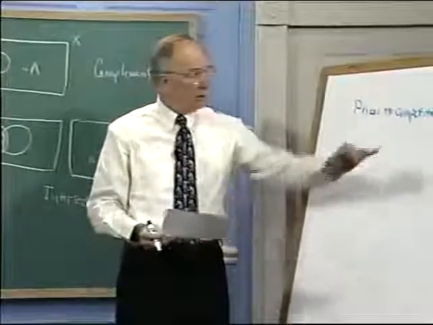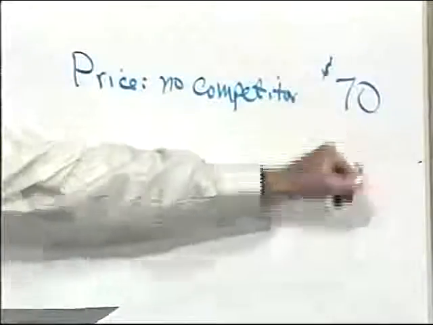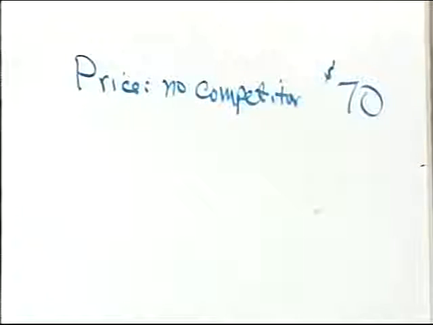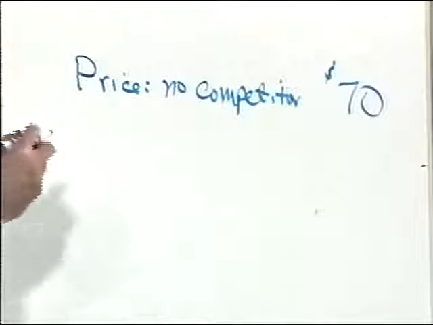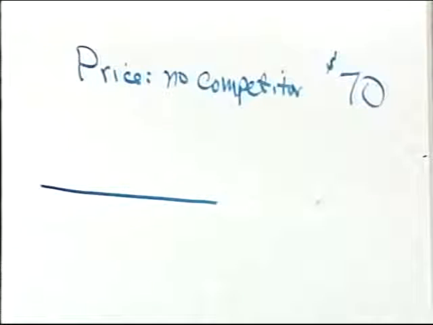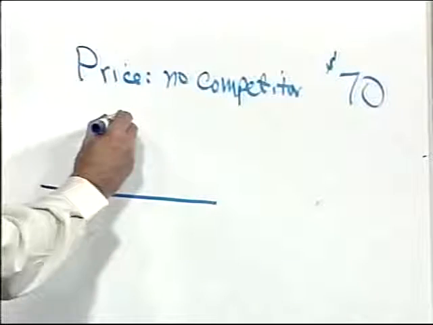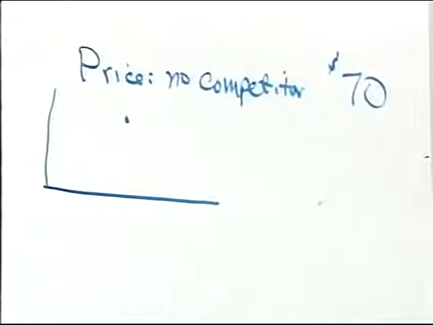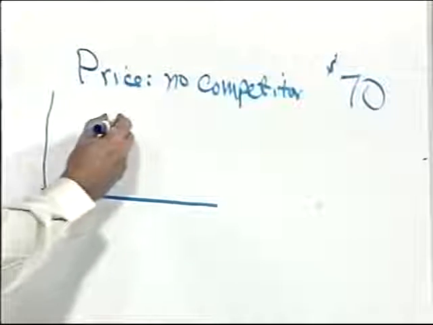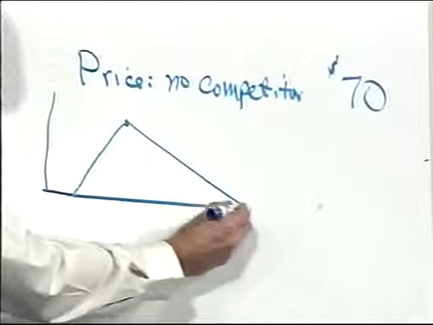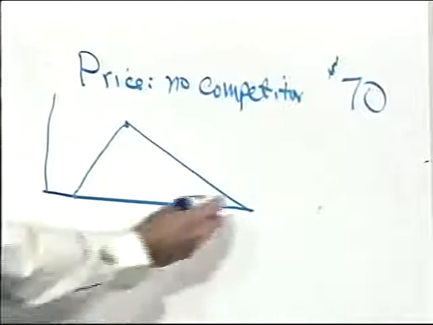However, sitting behind that 70 is an assumption. And the assumption that sits behind that may look like the following. Maybe $70 is my most likely price, but I may also have a minimum and an optimistic price.